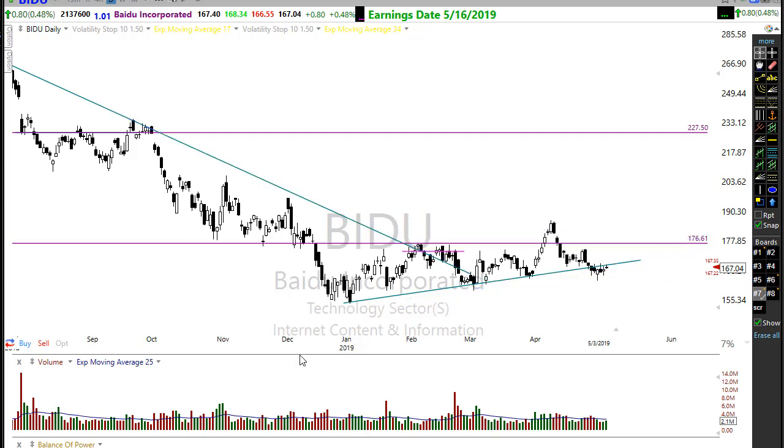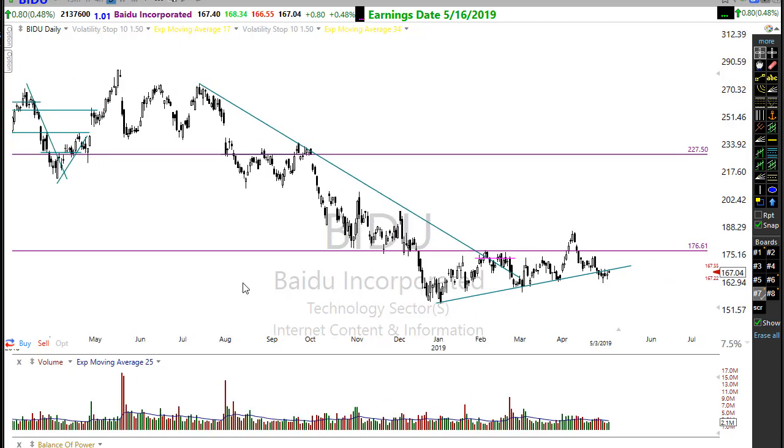One thing I love is I love to find stocks that have been in a nice trend. The trend has been really, really strong. They go into this protracted pullback consolidation.